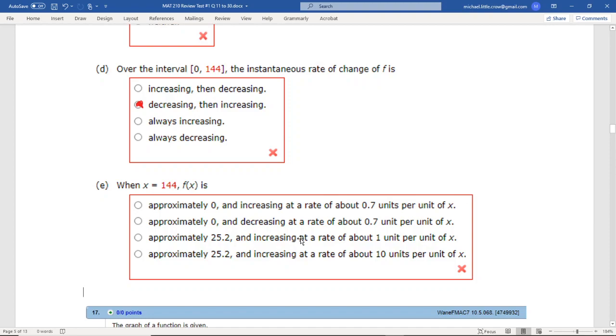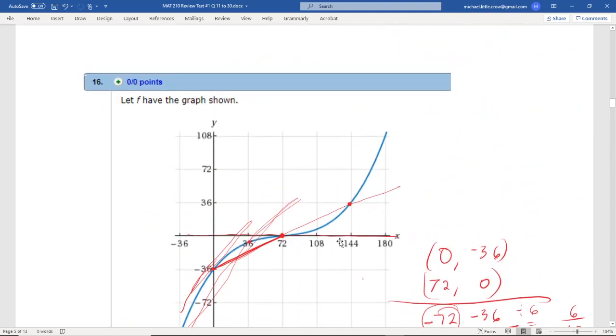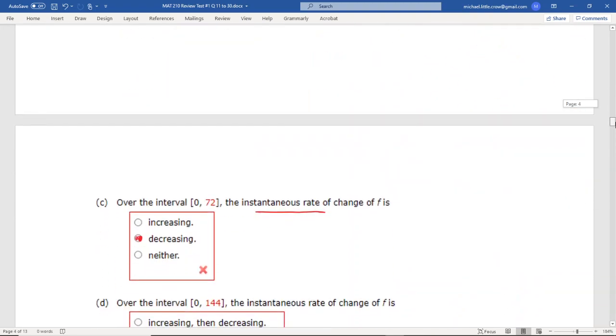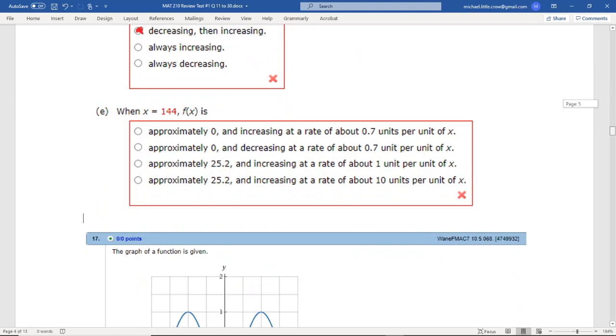When x equals 144, f of x is, well, I guess we're going to have to say 25.2. It sure looks like 36 to me, but okay, we'll go with their 25.2, at 144, and increasing at a rate of about 1 unit per unit of x, about 10 units.